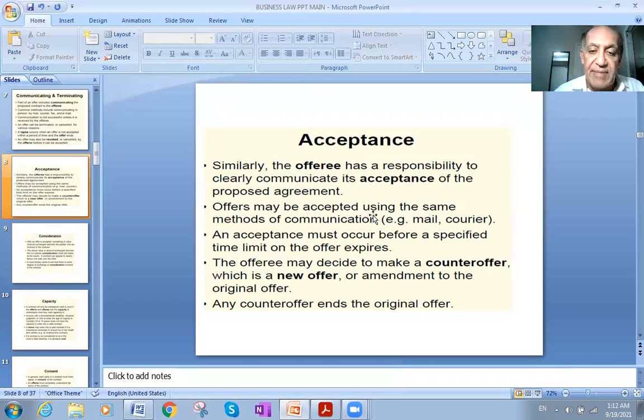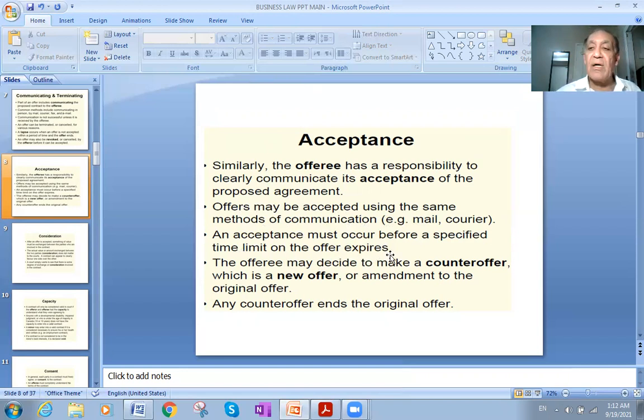An offer may be accepted using the same methods of communication, like email or courier. If I receive it by email, I can accept it by email or by courier. An acceptance must occur before a specified time limit on the offer expires.